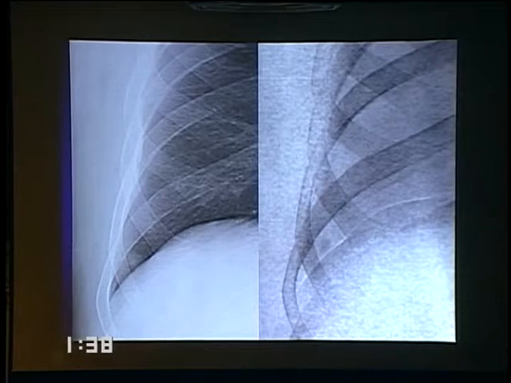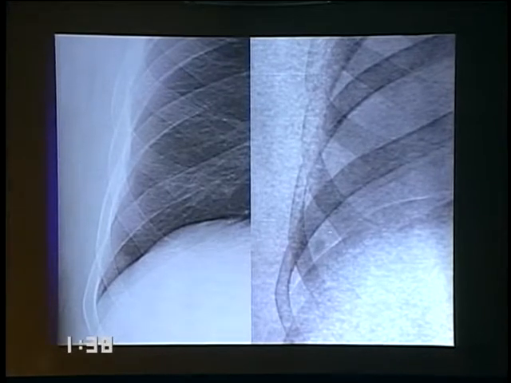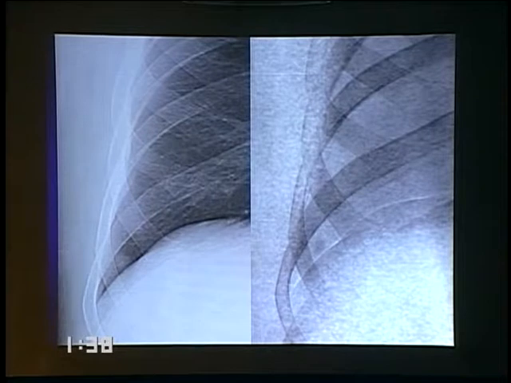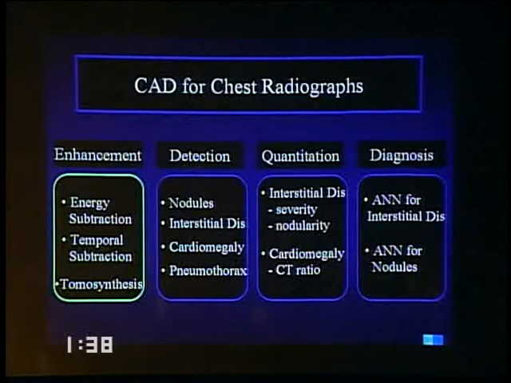But if this has been obtained with dual energy, we have an opportunity to detect that there is calcium within that nodule, indicated as this dark shadow. And this amount of calcium is pretty well diagnostic of a benign lesion. So we've found that using dual energy routinely obviates the requirement to do a CT scan on many of these benign cases. This is actually a calcified granuloma.